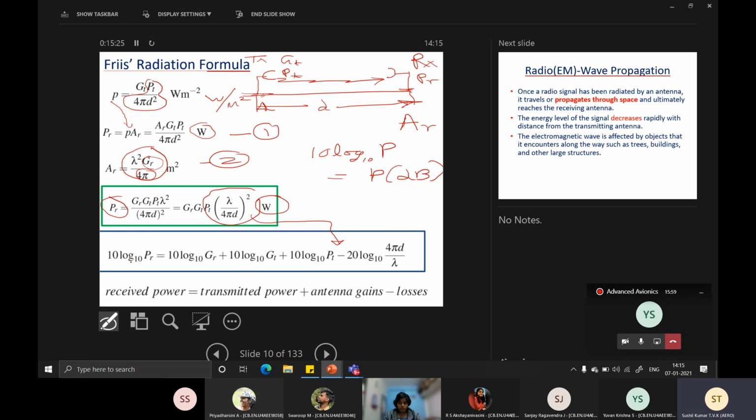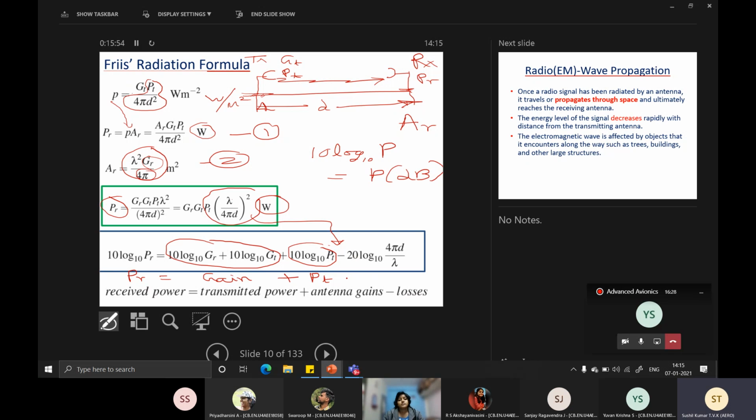So what we essentially are having is PR, the received power, is equal to, so this factor is nothing but power transmitted. These are all gains, okay? Gain of receiver antenna and gain of transmitting antenna.